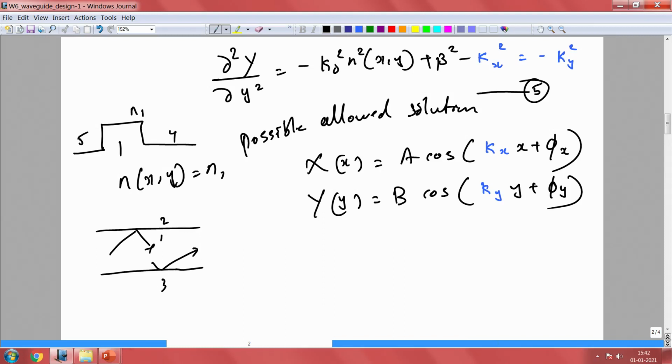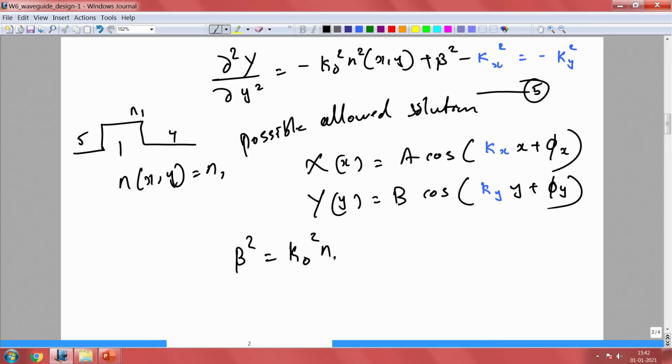In this case φx and φy are similar, but one is associated with the x boundary and the other with the y boundary. Now the separation constants kx and ky should satisfy the boundary condition here, which is given by β. So, k0² n1² minus kx² minus ky².